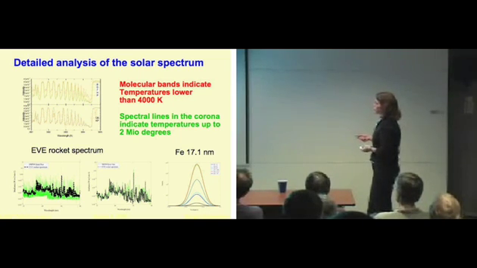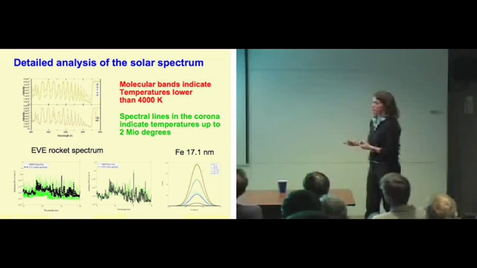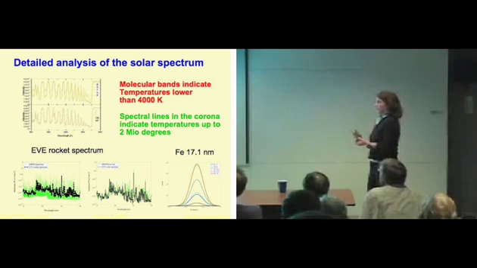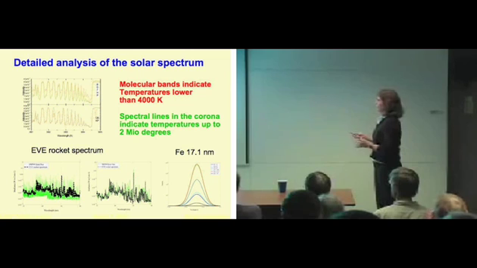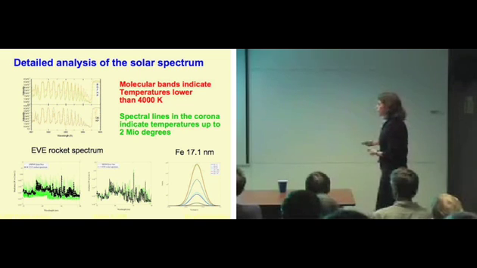So if we want to learn the detailed physics of the sun, we need to do calculations. And from these calculations, we can then infer in more detail the structure and the density of the solar atmosphere. So just to give you a brief idea, these kinds of lines are emitted by molecules.